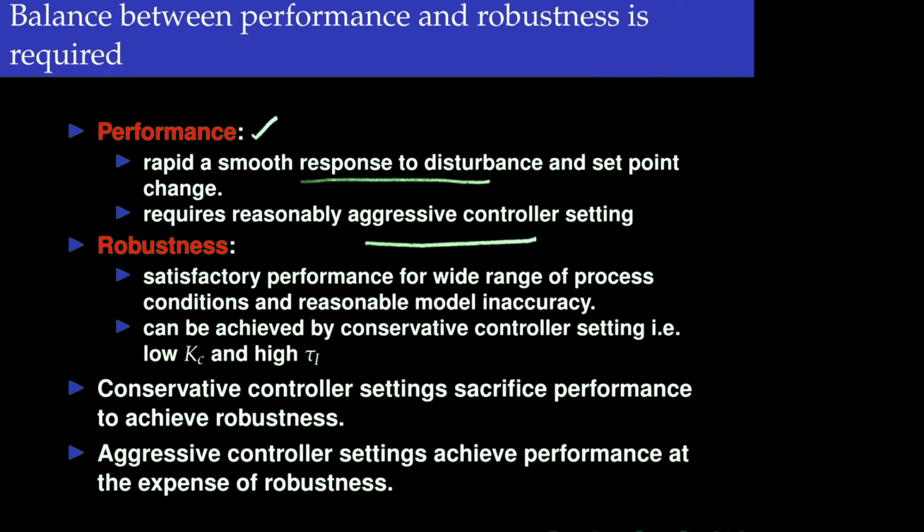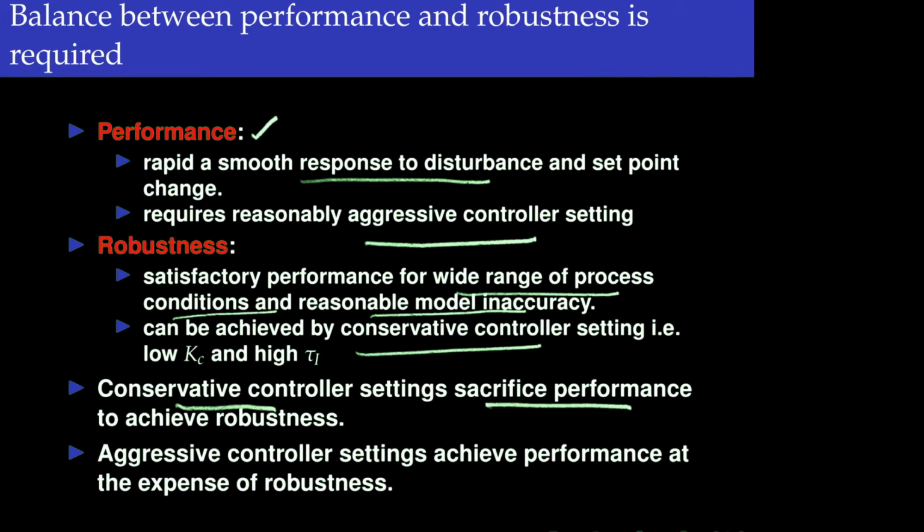On the other hand, for robustness, so that the controller performs well for a wide range of process conditions and with reasonable model inaccuracy, that can be obtained by some sort of conservative design of the controller. So when you have a conservative controller, you'll have to sacrifice some performance.